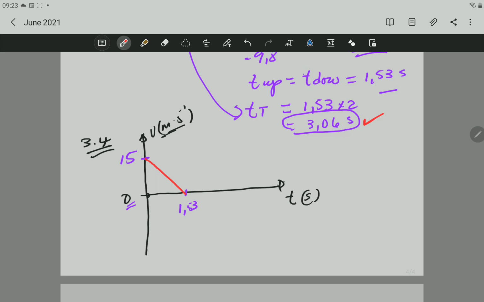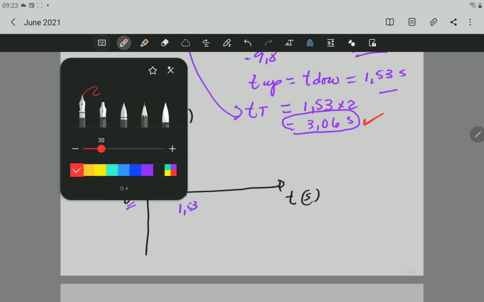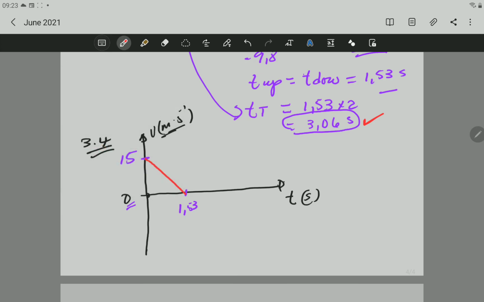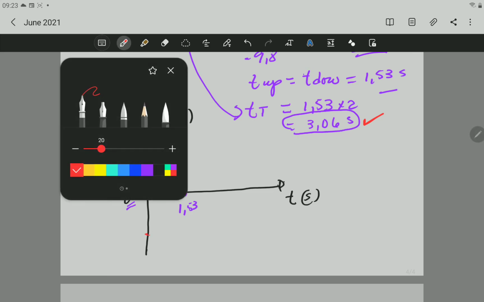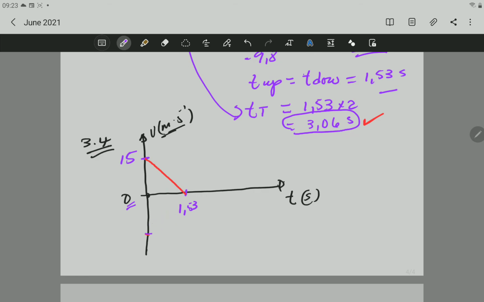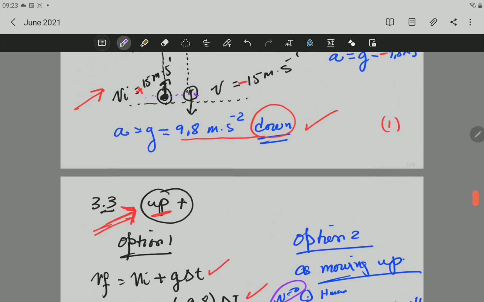Alright, now what is happening there? The ball changed direction with the same acceleration, so the gradient is the same. You cannot change the gradient now, right? So what is the final velocity of the ball? It is going to be 15 meters per second, but downward. Therefore, it's negative. Look here at our drawing.